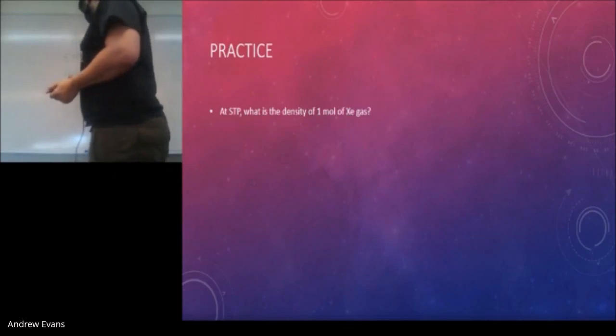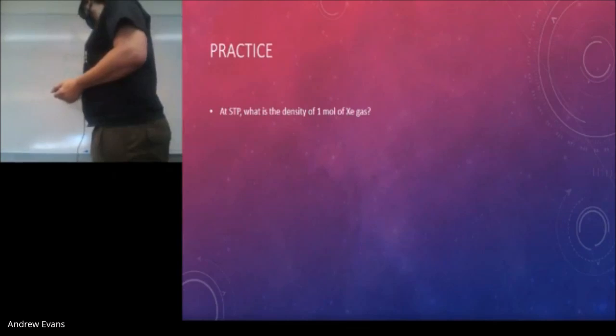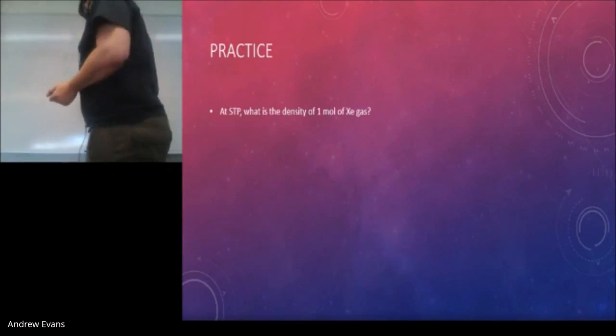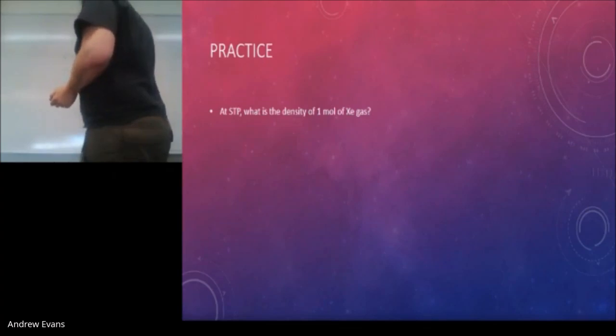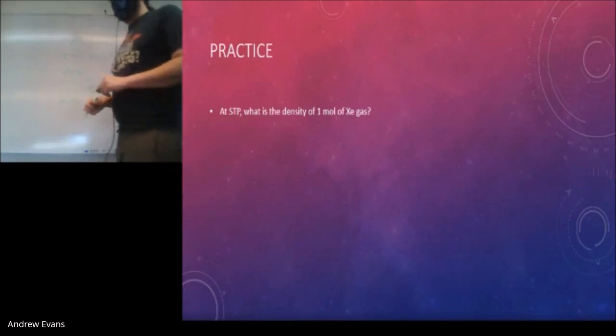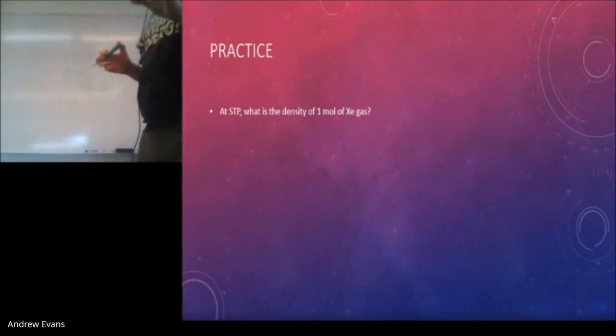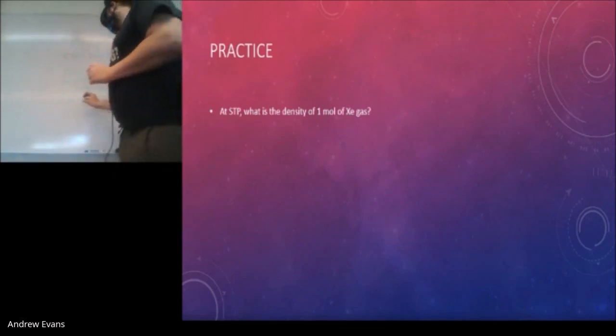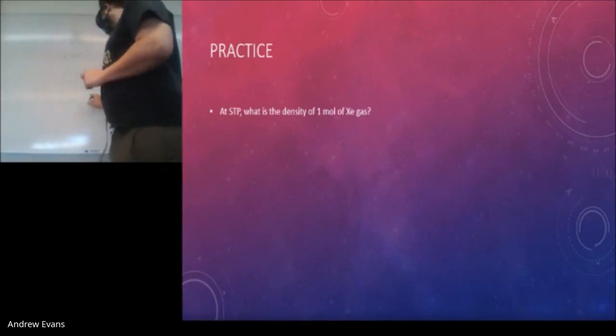We know our temperature. R has to relate to them, so we're going to use the 0.08206 one. The only thing we need to know is what is the molar mass of xenon. In that case, we would look that up on the periodic table. If I remember right from yesterday, it was 131.3 grams per mole.